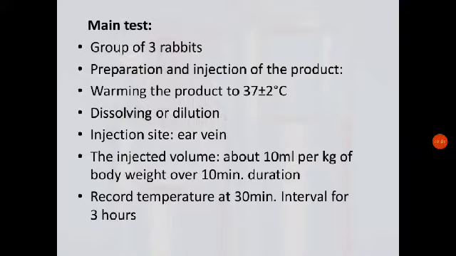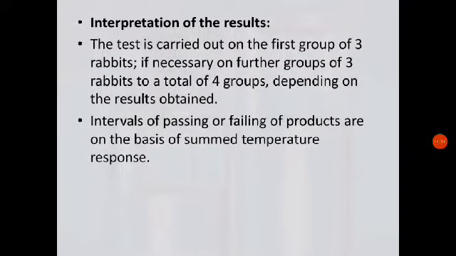The injected volume is about 10 ml per kilogram of body weight of the animal over a period of 10 minutes. Then the temperature is recorded up to 3 hours after the injection.